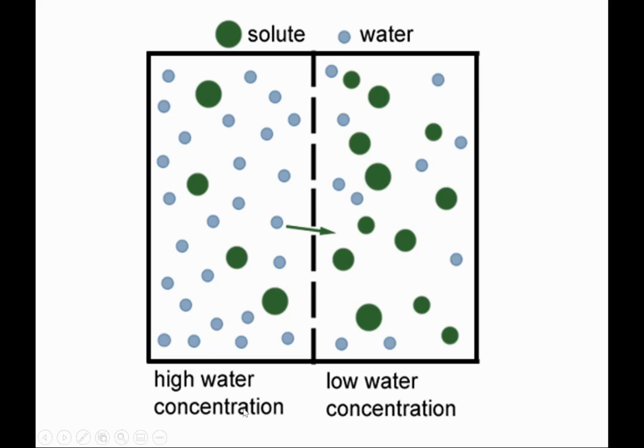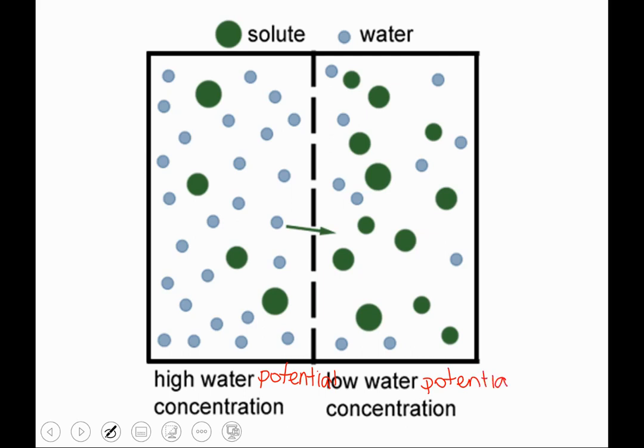It goes from a high water concentration to a low water concentration. But instead of calling it a water concentration, we're going to call it a water potential. So on the left-hand side, we have a high water potential. And on the right-hand side, we have a low water potential.